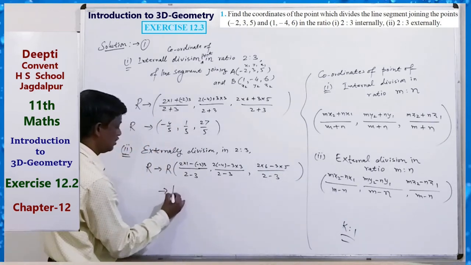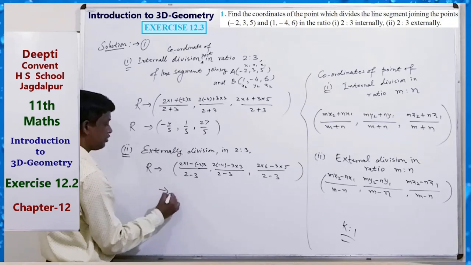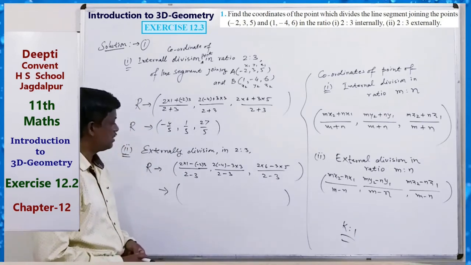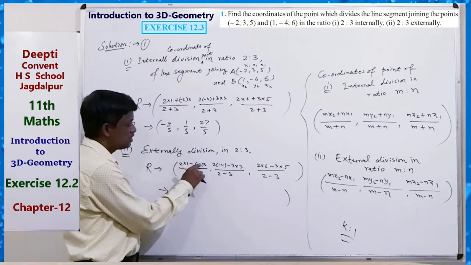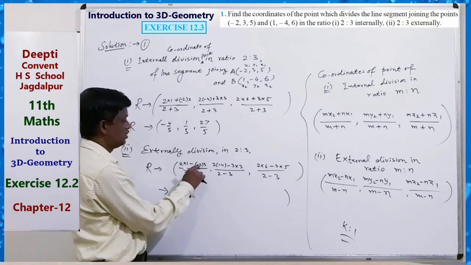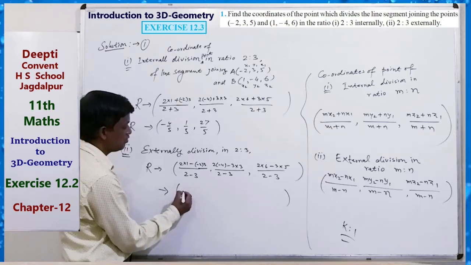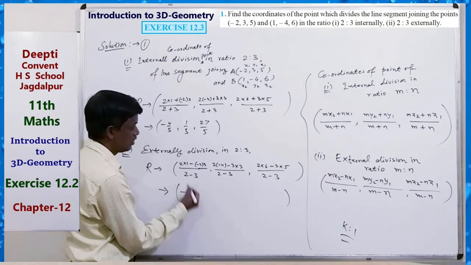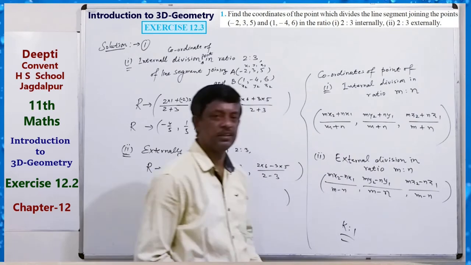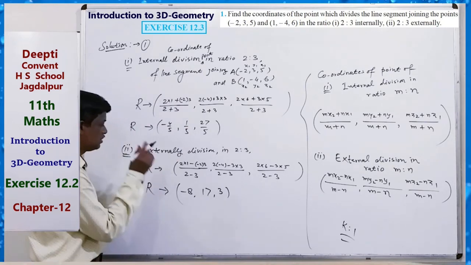Just solve it. You can get minus 8, 17, 3. So this is the external division point.